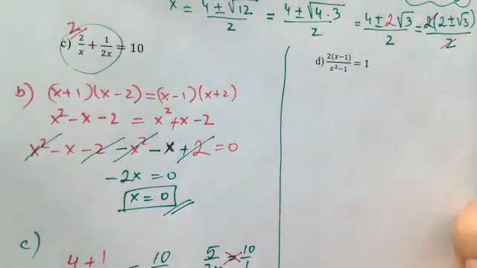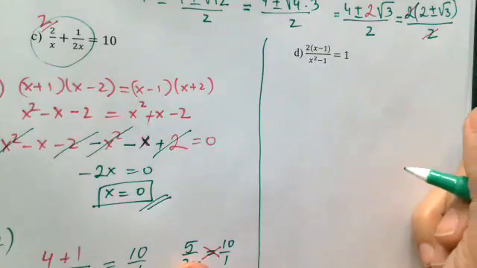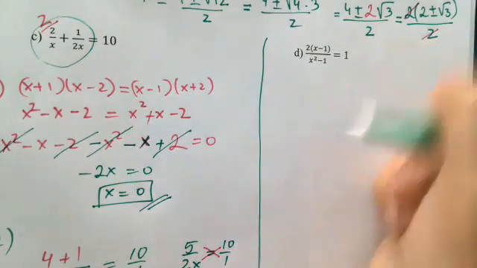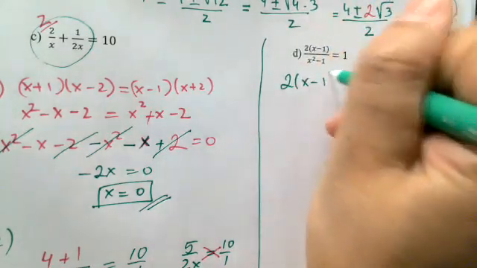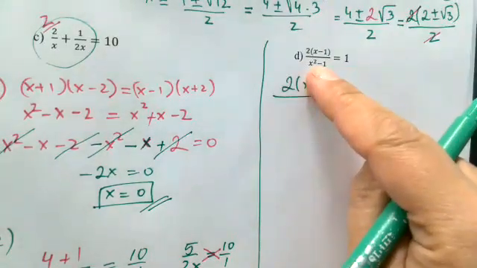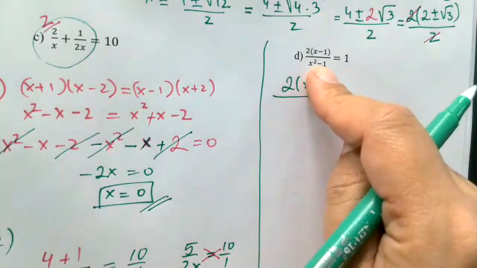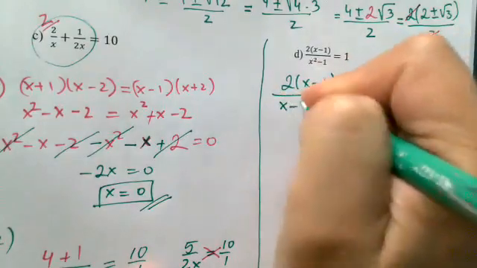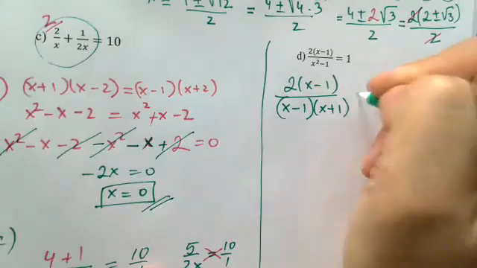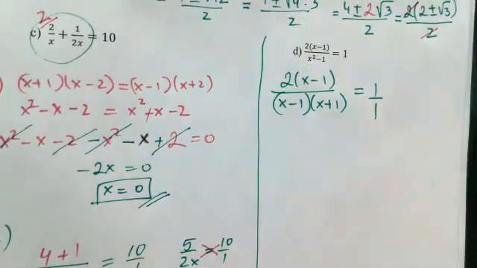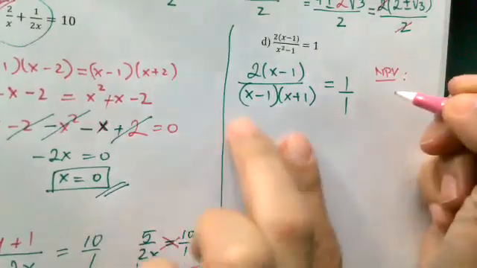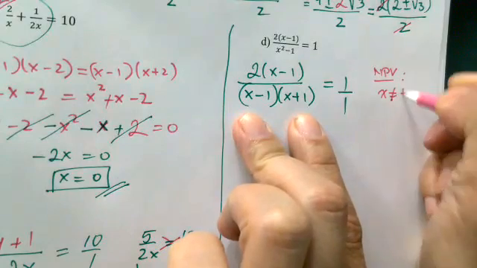D. 2x minus 1 over, at the denominator, we have difference of squares. We've seen it so far when we simplified our rational expression. We want to open that up into a factored form into x minus 1, x plus 1 equals 1. I can write 1 as a fraction as 1 over 1. NPVs from here: x cannot be positive or negative 1.